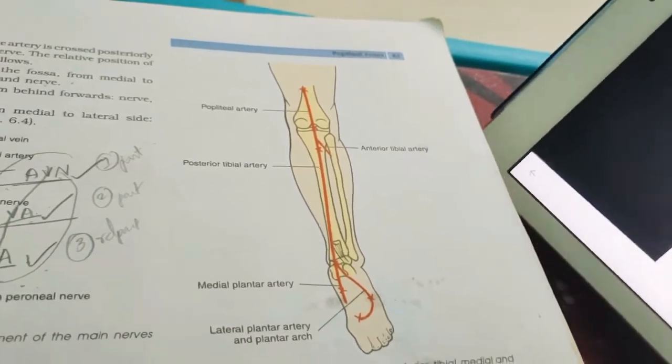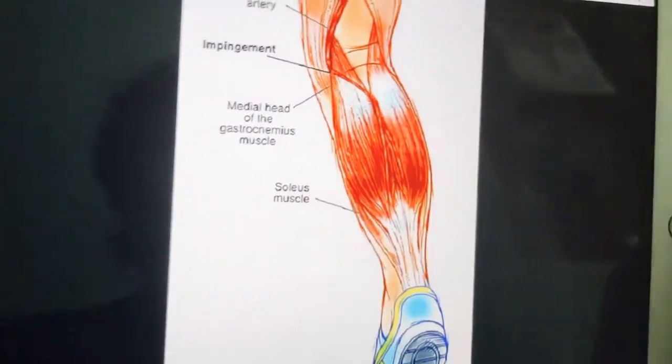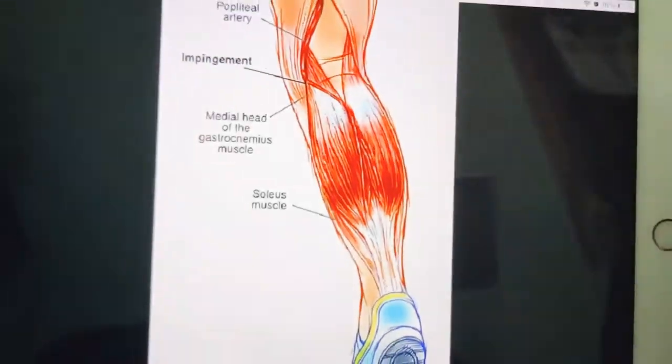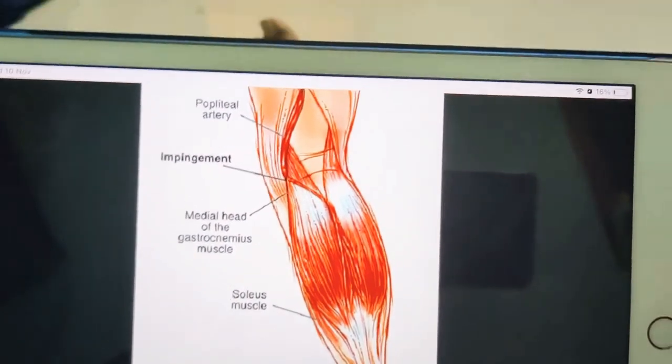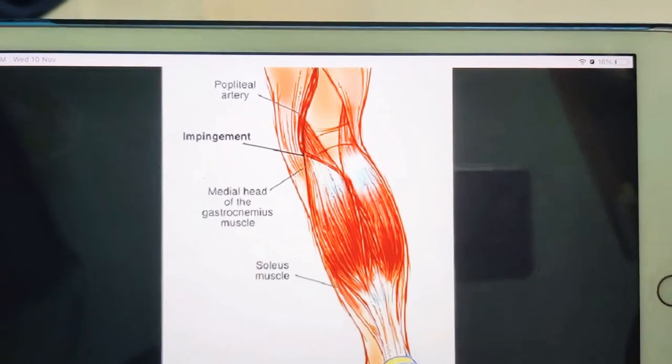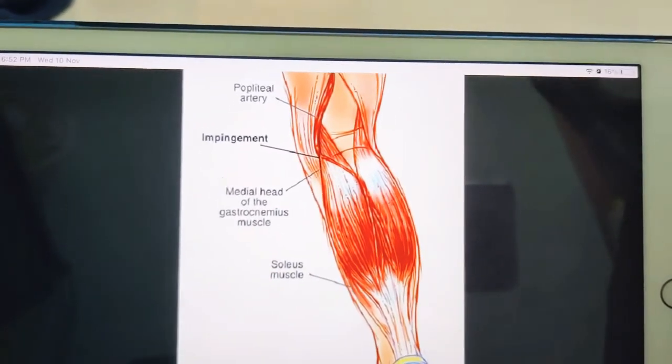Now let us learn the relations of the popliteal artery, the structures which are related to it. The popliteal artery is the deepest structure in the popliteal fossa.